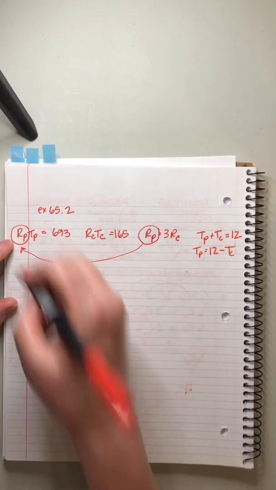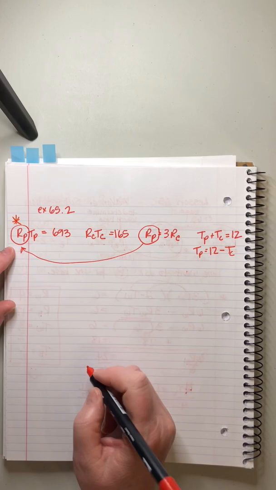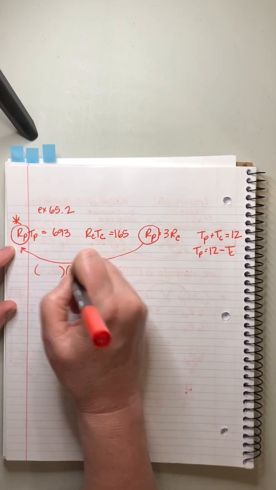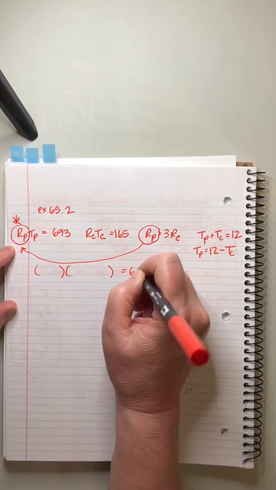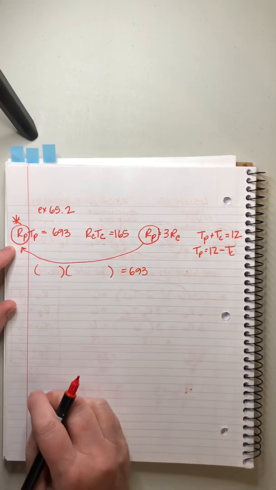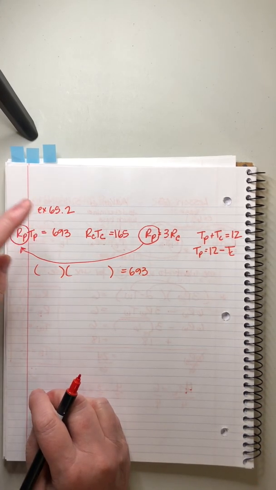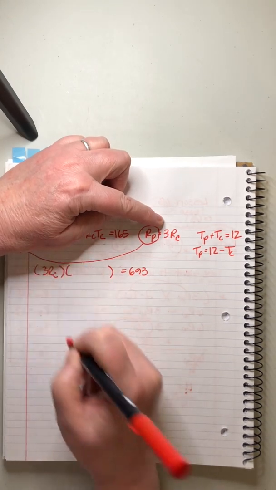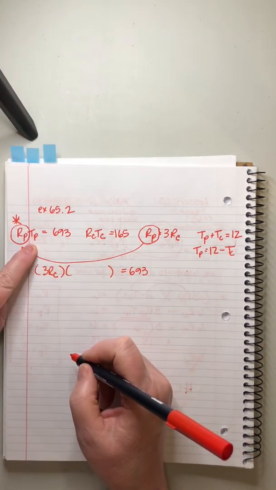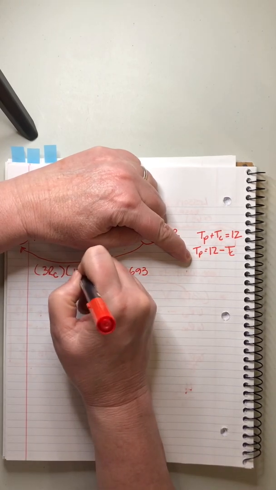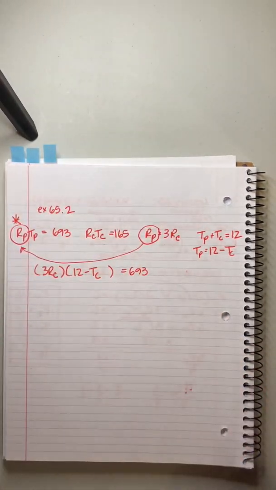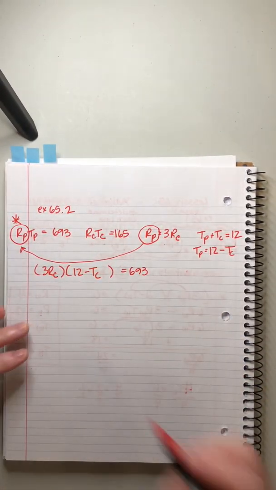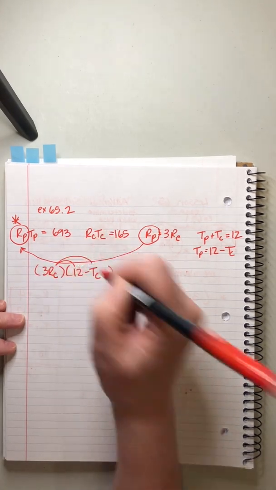We'll use this as our base, and we'll say RP times TP equals 693. Okay, RP is equal to 3RC. And TP, 12 minus TC. This is where we get that horrible feeling that we've made a disaster, but we just have faith and we distribute.